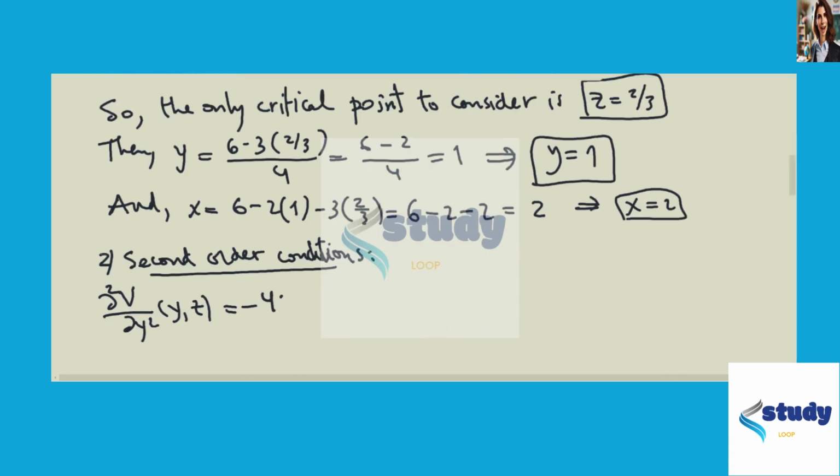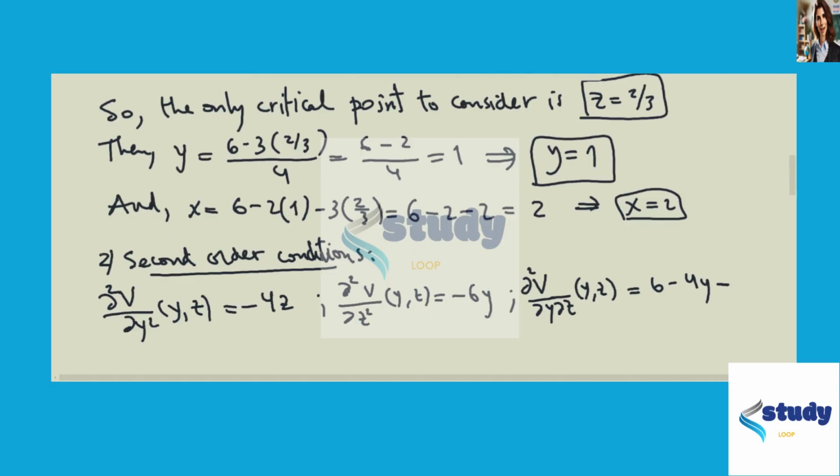So we have negative 4z, and if we do the same for the other variable, that is the second order derivative with respect to z twice, is negative 6y, and the mixed second order derivative with respect to y and z, which is the same if we do it in any order because we have continuous derivatives, they gotta be equal. And this is 6 minus 4y minus 6z.